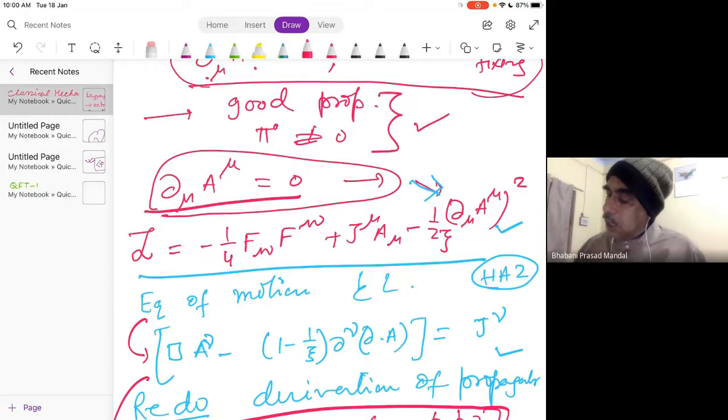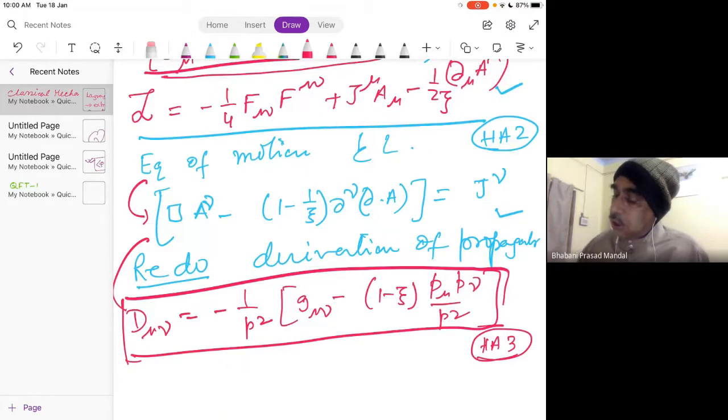If you fix, then you find the equation of motion, which is now modified. Because of this modification, you will be able to find your A and B, where earlier B was getting cancelled and A gave an inconsistent result. From there you can find this propagator. So this is the propagator for the photon, the electromagnetic field.